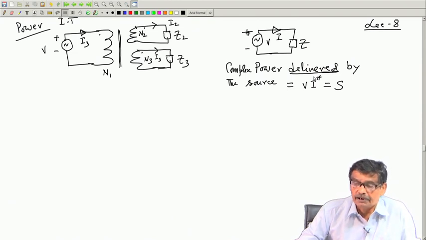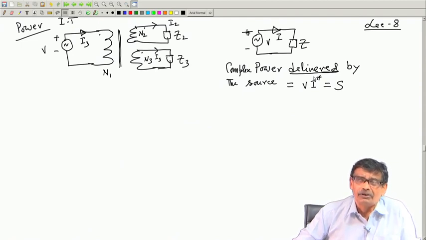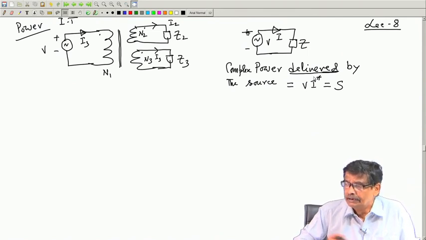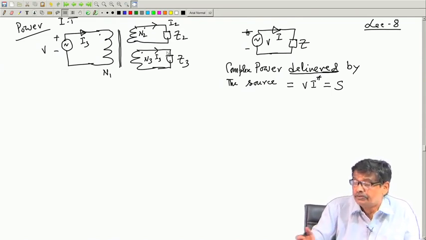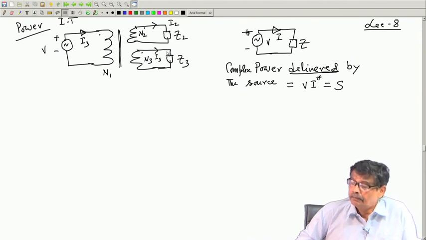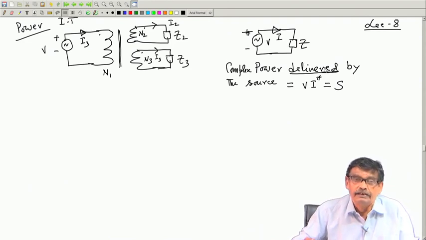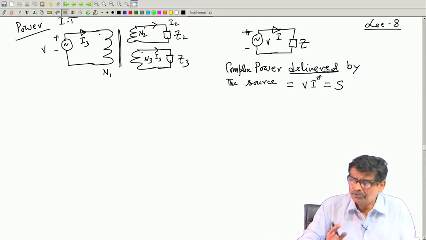In any circuit, current direction is your choice, and even if you have chosen it wrongly, it will be reflected in this equation. It might so happen that V I star gives a negative real part. I should not be surprised; then complex power delivered by the source is minus real power 100, meaning it is really absorbing real power.